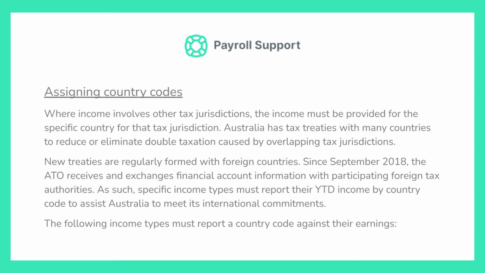Since September 2018, the ATO receives and exchanges financial account information with participating foreign tax authorities. As such, specific income types must report their year-to-date income by country code to assist Australia to meet its international commitments. The following income types must report a country code against their earnings.